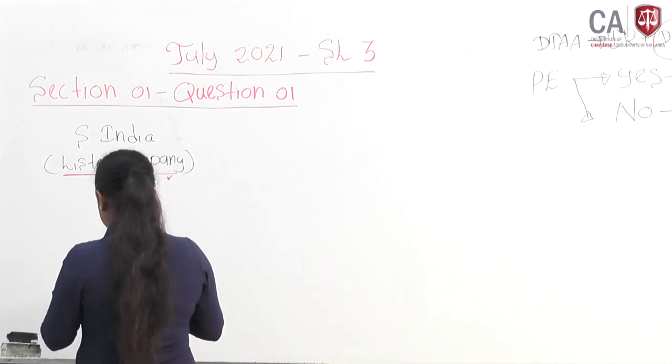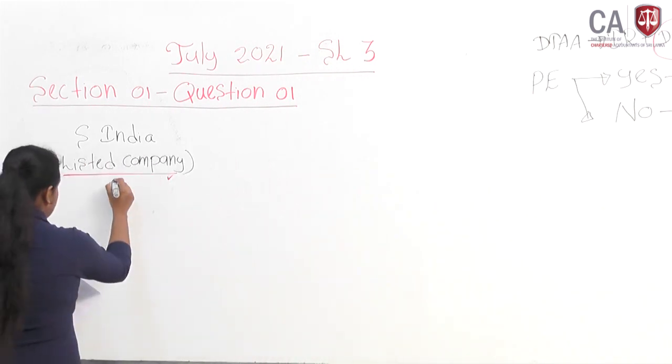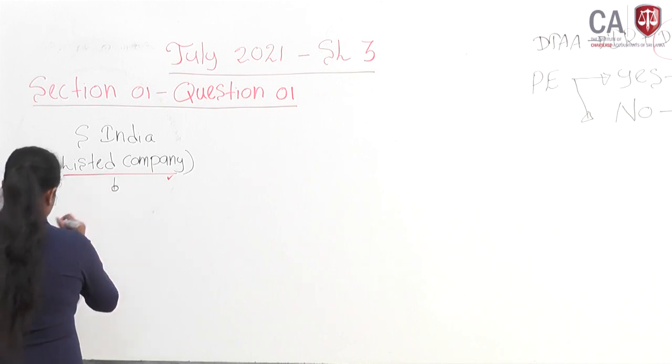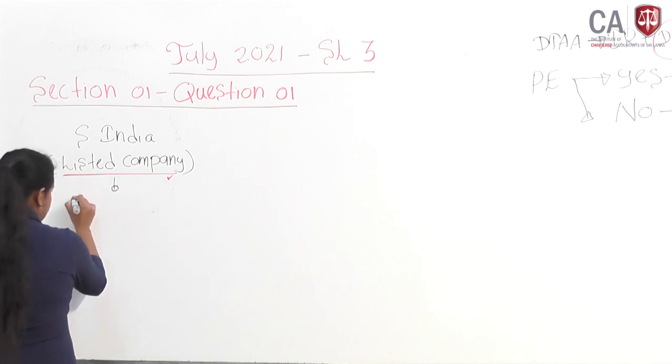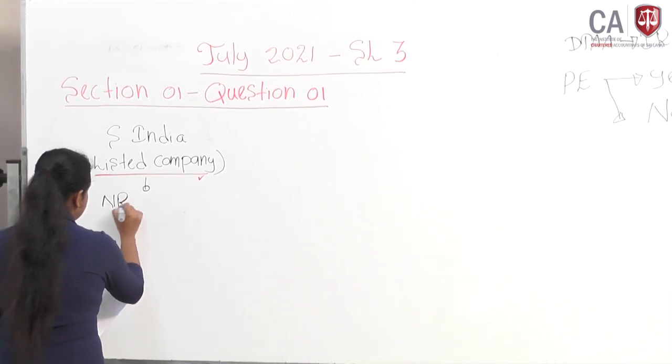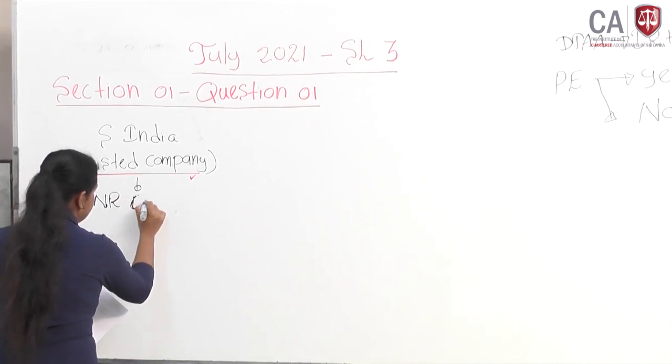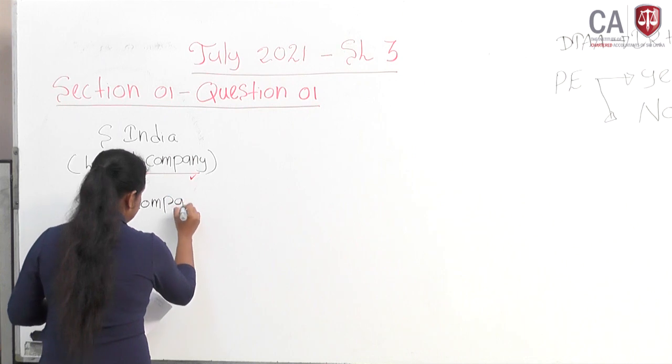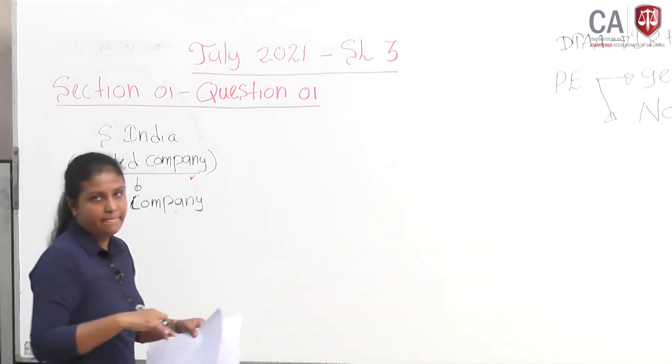This is S India, a listed company, and it is in India. Anyway, this is a non-resident company or non-resident person. This is the first thing.